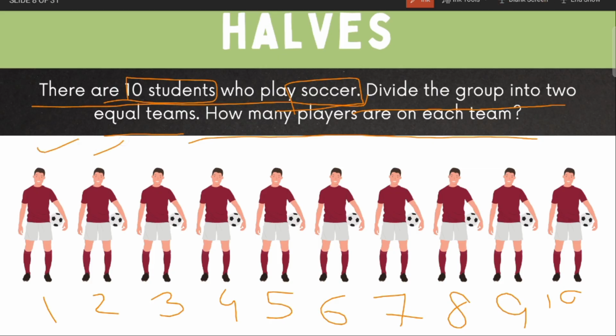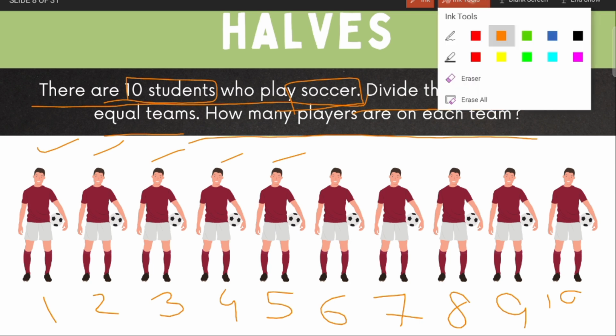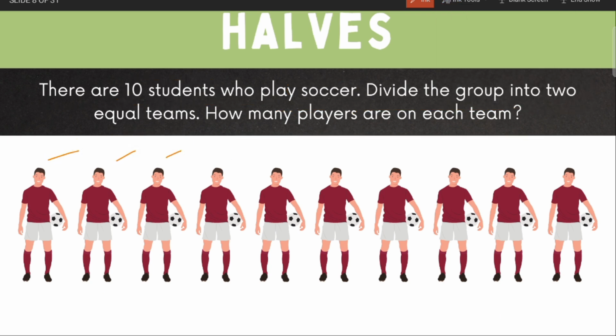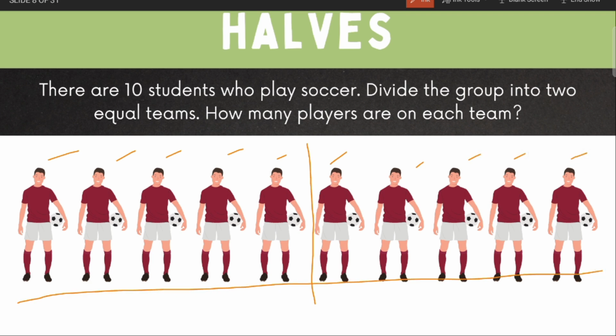Okay. 1, 2, 3, 4, 5. So we have divided the team into 5 parts. Now can you tell me how much this is of the whole? If you can tell me, then great job. If you cannot tell, don't worry, I will tell you.